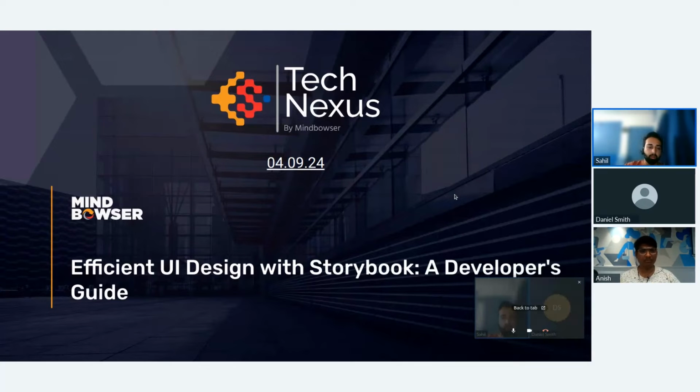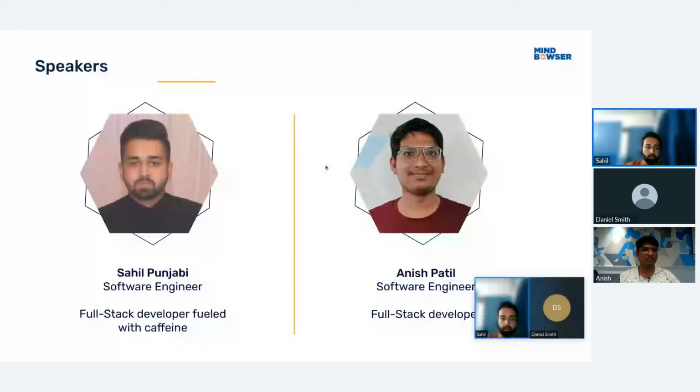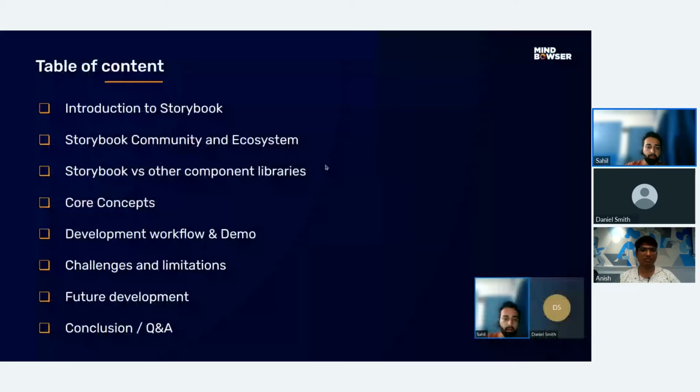So the table of contents, we'll quickly go through what it contains. First we'll go through the introduction of Storybook, where we'll learn what Storybook is, its benefits and use cases. Storybook, its community and ecosystem. We'll compare Storybook with other component libraries, some core concepts that you need to know when you deep dive into it.